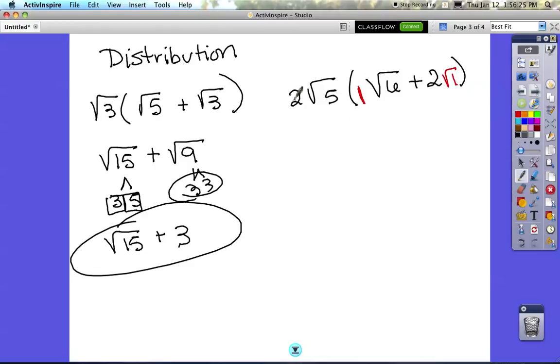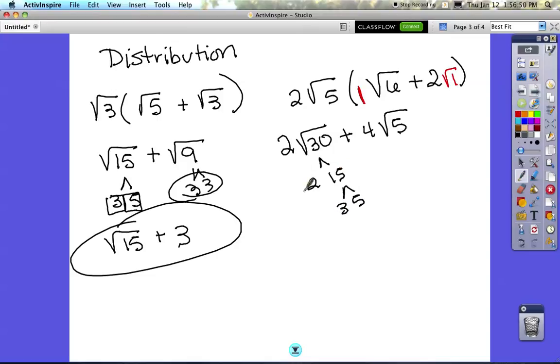So now let's work it. 2 times 1, square root of 5 times 6, 30, plus 2 times 2, square root of 5. Now let's see if the 30 breaks down. 2 and 15, 3 and 5.